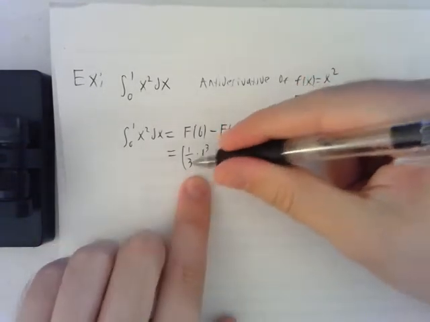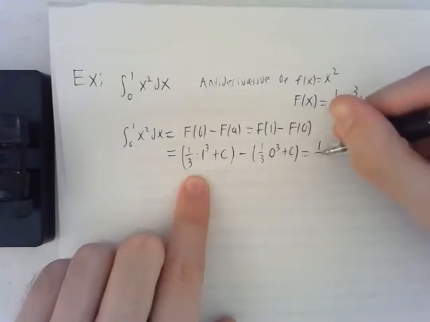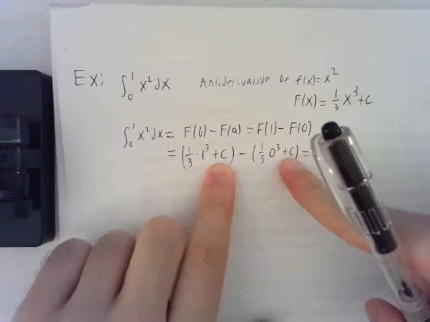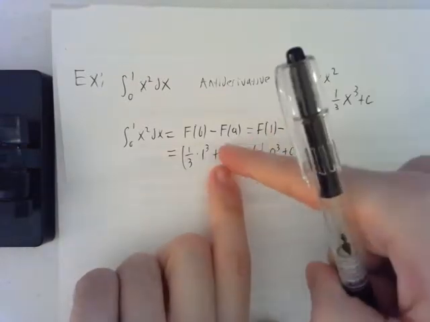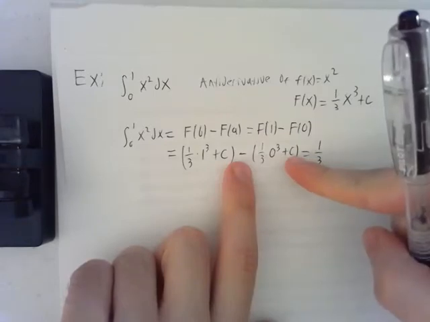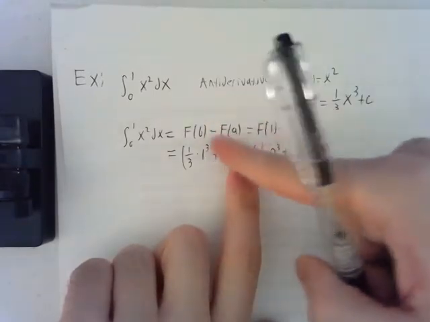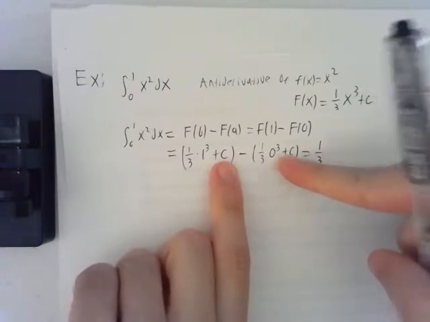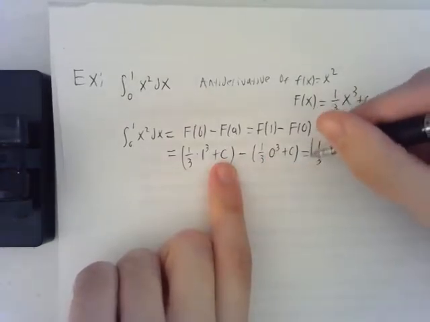And so this term here gives us the 1/3. This is 0, and then notice that no matter what the value of c is, you'll get a plus c in the F(b) term, then a plus c with a minus sign in the F(a) term, so the c's will cancel out and didn't end up making any difference at all. So we just end up with 1/3.